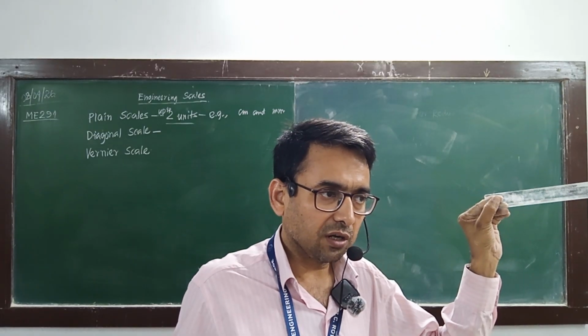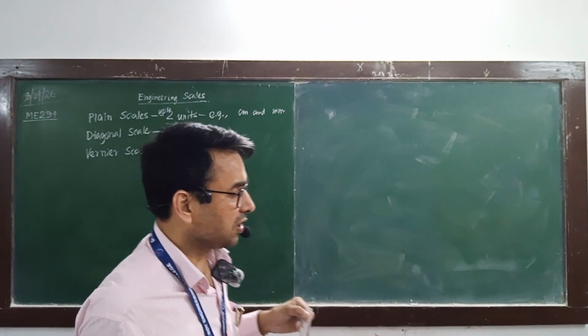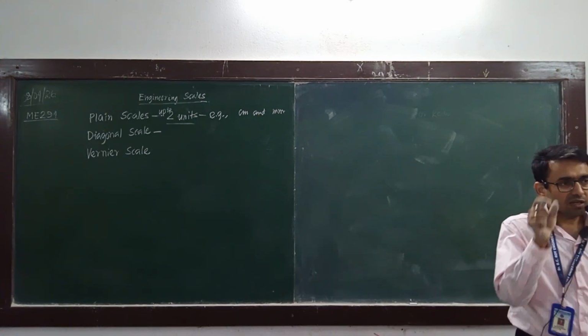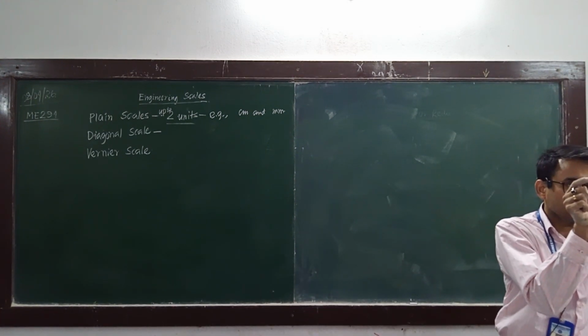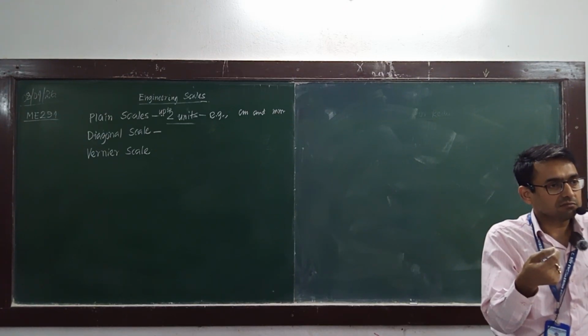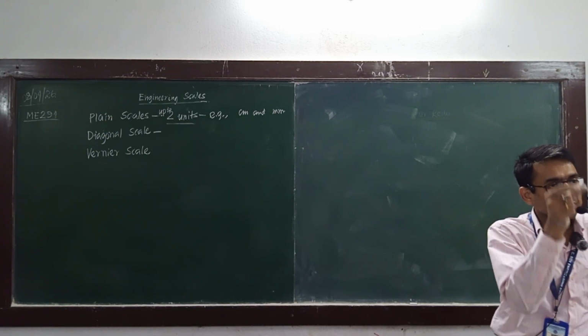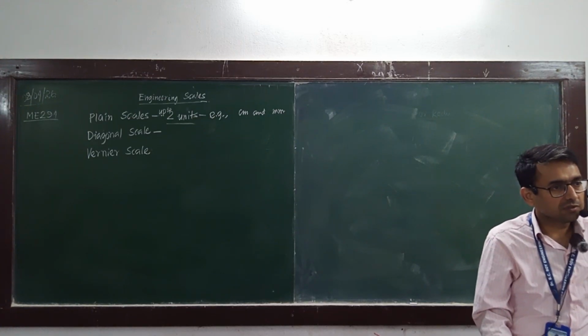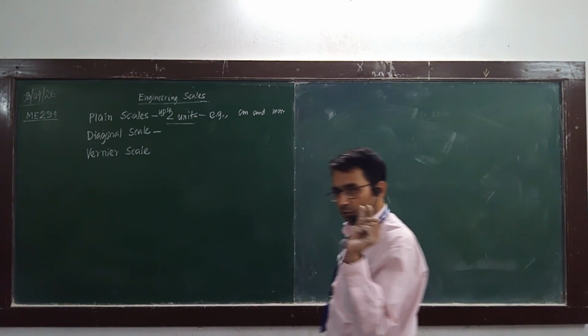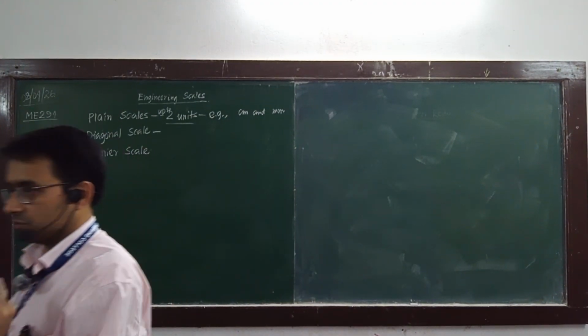0.5 millimeter, right? So in case of Vernier scale, you will be able to measure half a millimeter, and 1/50th of that. The further refinement is done. So in the Vernier scale, you will be able to measure very small divisions, right?